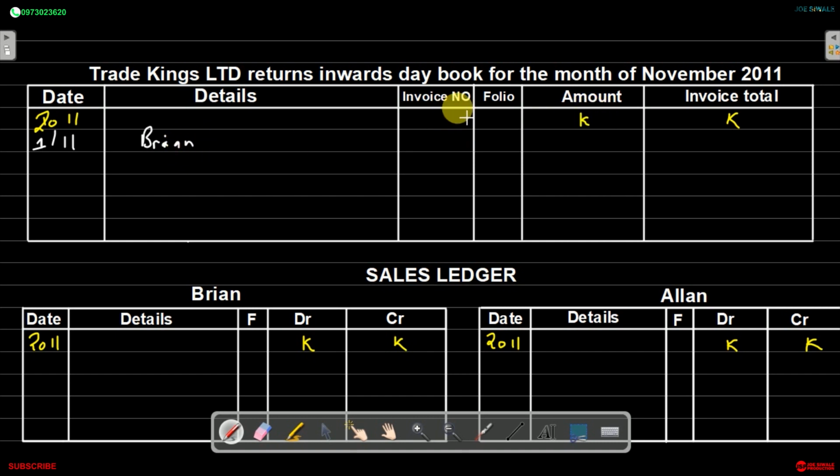The invoice number is 200, so we're going to write down 200. Then the folio there, we're going to say SL. The amount, we know that's 35 kwacha.